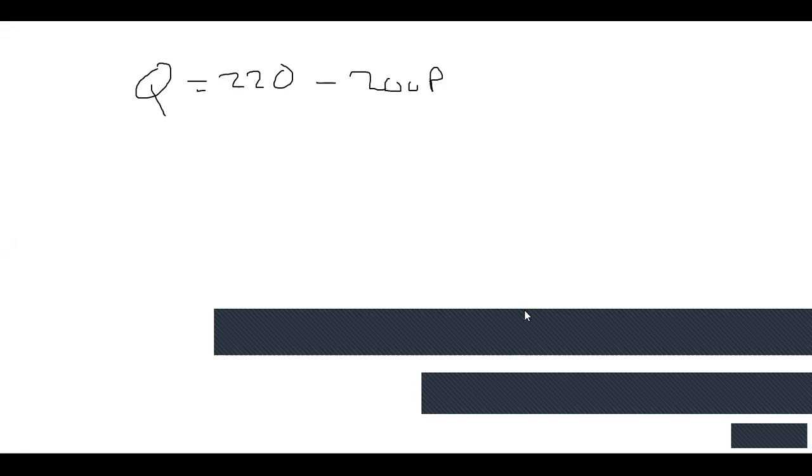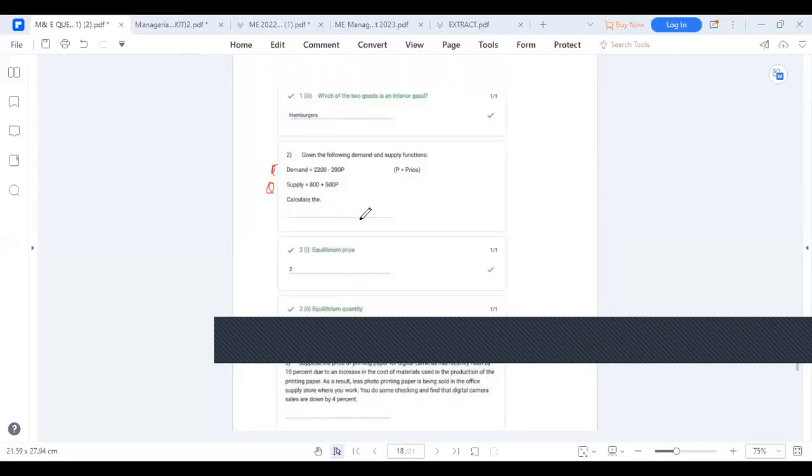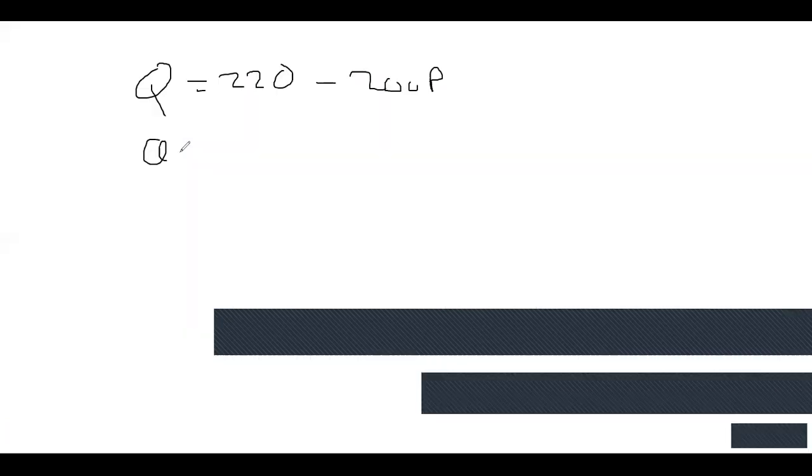Then we have the supply, 800 plus 500p. How do you find the equilibrium for these two?